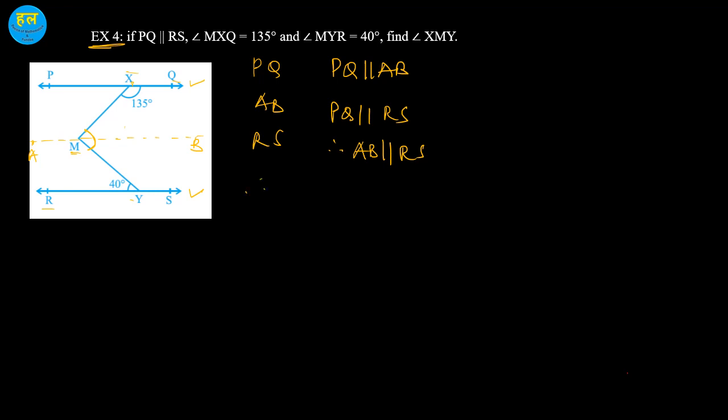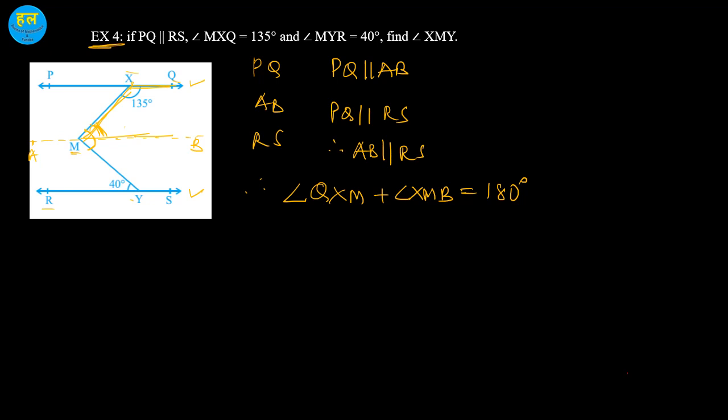Now, angle QXM plus angle XMB is equal to 180 degrees. Why? That means this angle QXM, and XMB means this angle, is equal to 180 degrees.